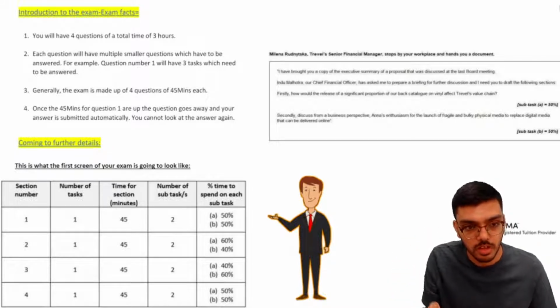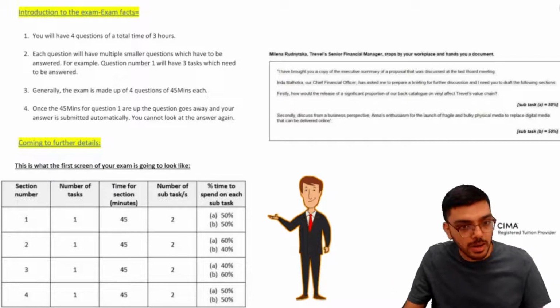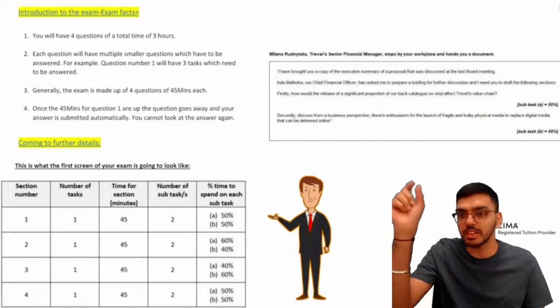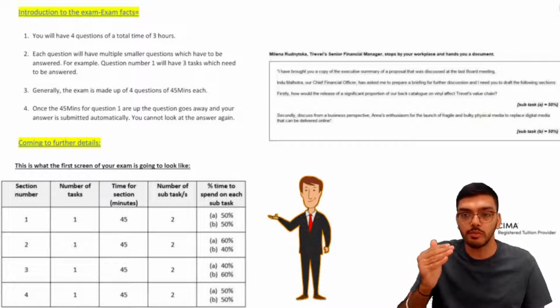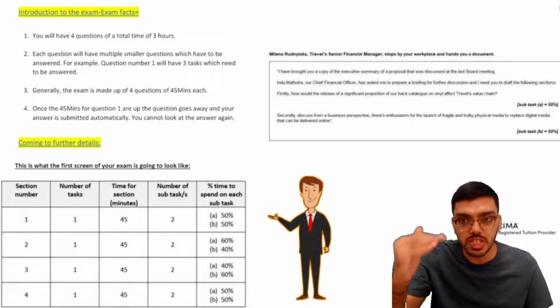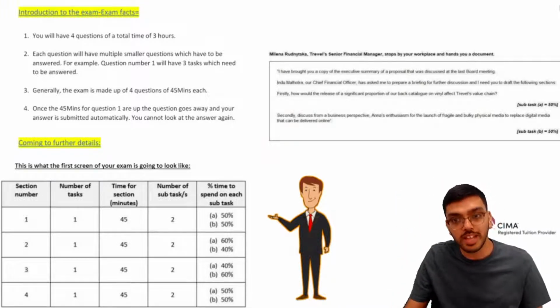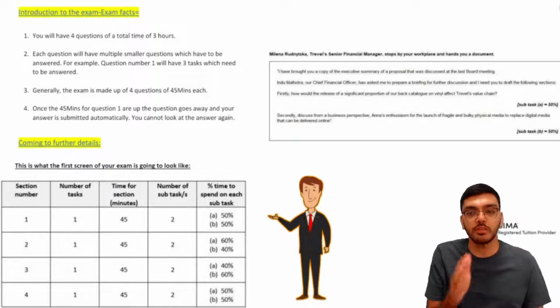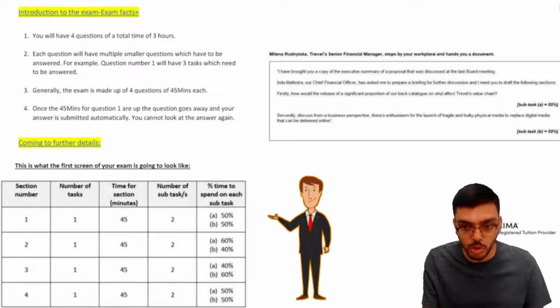Once you click the next button after this first screen, the first question opens up and the timer starts to go down from 45. You see the scenario, and then you have, for example, these 2 tasks that you have to answer in 45 minutes. So on this page, we learned a very important fact about this exam: there are 3 hours and 4 questions.